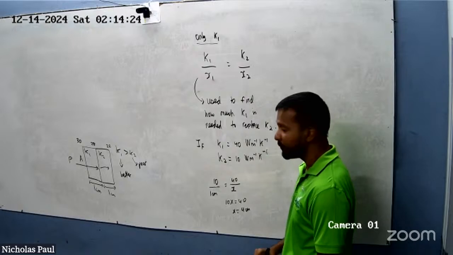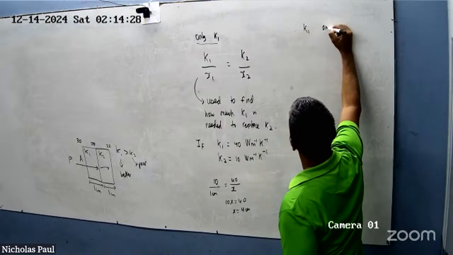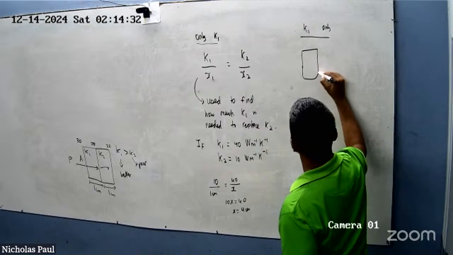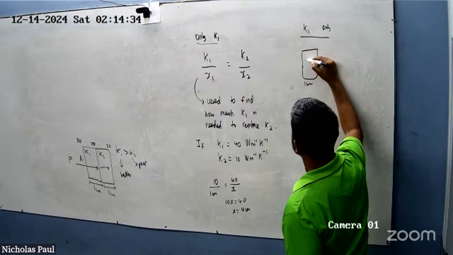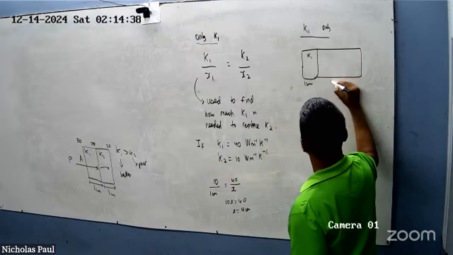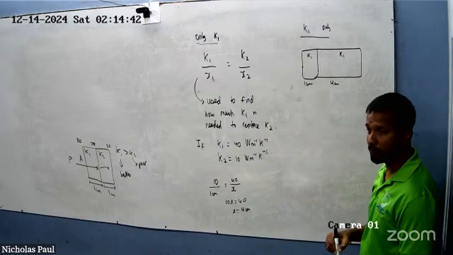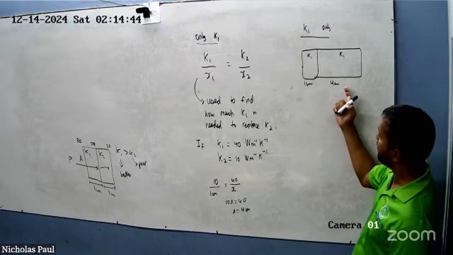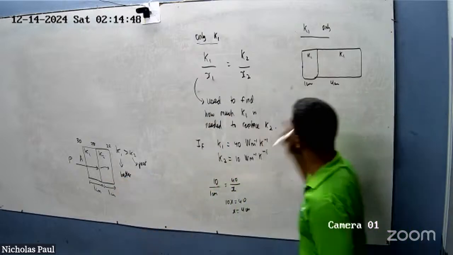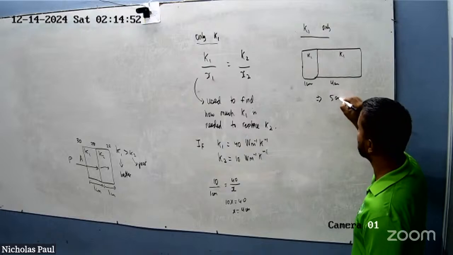So if I want K1 only, it will be the original 1 centimeter plus now 4 centimeters. I replace the poor conductor with more of the better conductor. So the total length now is 5 centimeters.